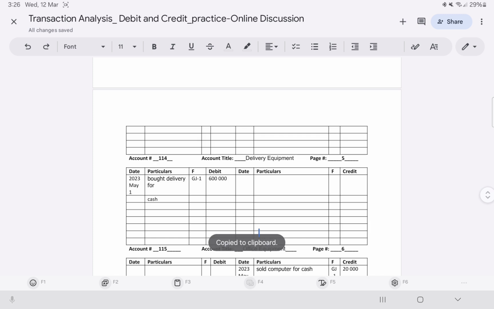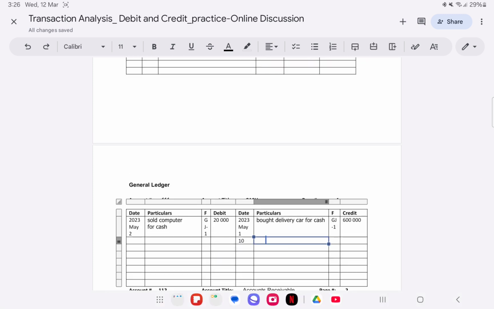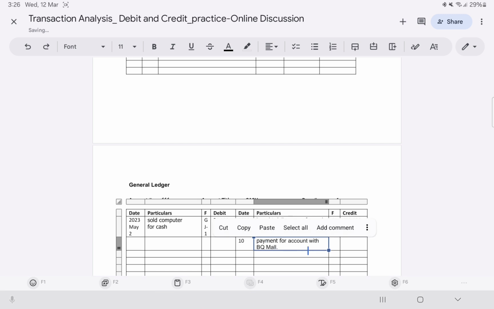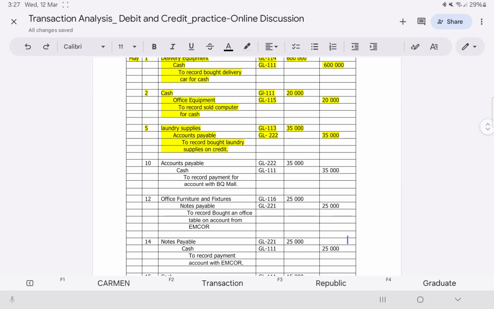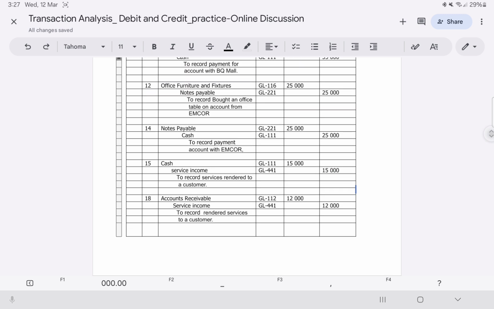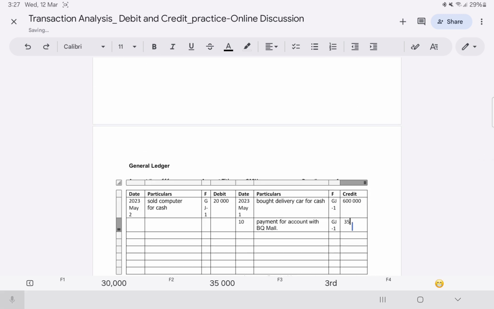Copy this one to your cash, credit, explanation, the particulars. Payment for account with BQ Mall, JJ-1, and this is amounting to 35,000 pesos, May 10. So I think we are done.